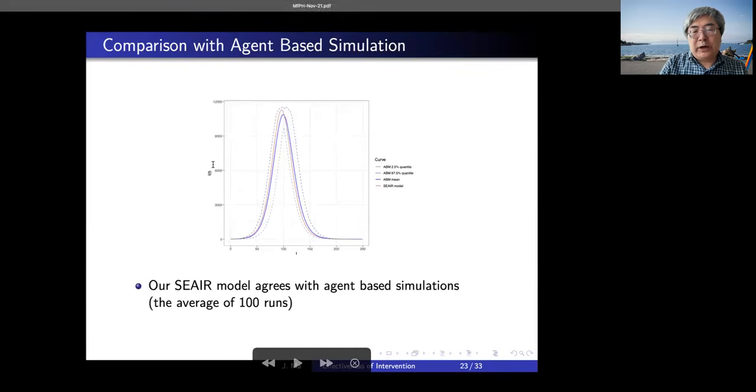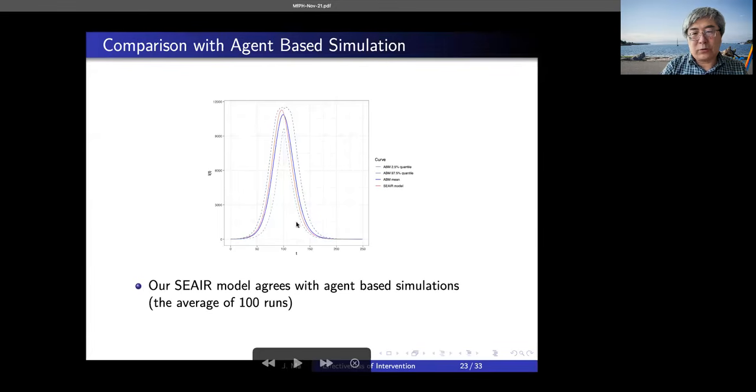But how good is our model? Well, we developed a different agent-based simulation without our ODE models in mind, just set up the contact tracing process with the SEAIR disease progression and contact tracing. We run 100 simulations, and the mean is the blue curve, and the two dashed lines are the 95% range of the simulations, and the red curve is our ODE simulations.